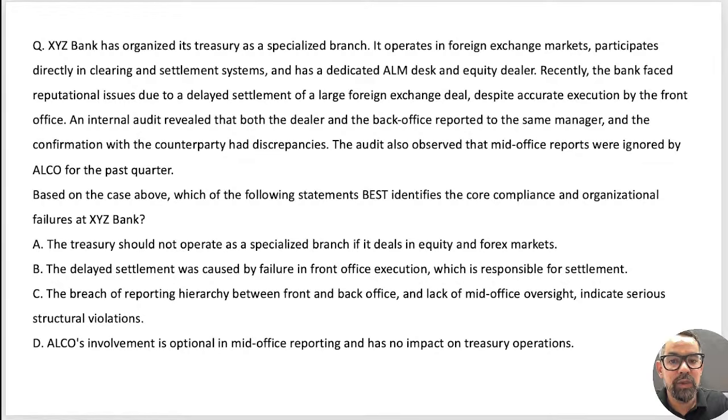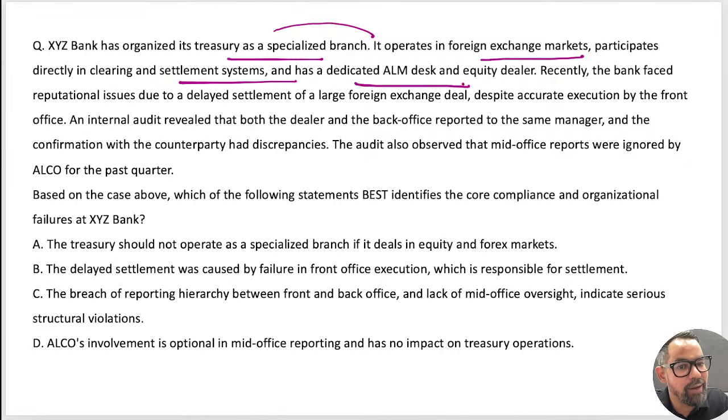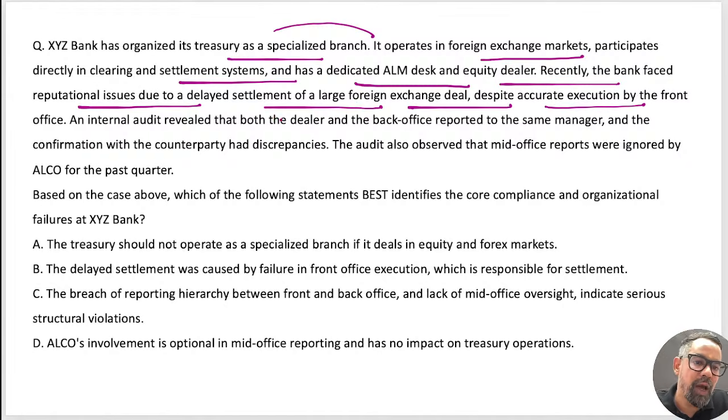XYZ bank has organized its treasury as a specialized branch. We can do it as a departmental approach or a branch; XYZ is running as a specialized branch. It operates in the foreign exchange market, participates directly in clearing and settlement, and has a dedicated ALM desk and equity dealer. Recently, the bank faced reputational issues due to delay in settlement of a large foreign exchange deal despite accurate execution by the front office.